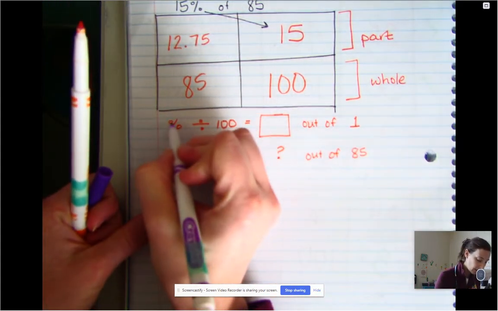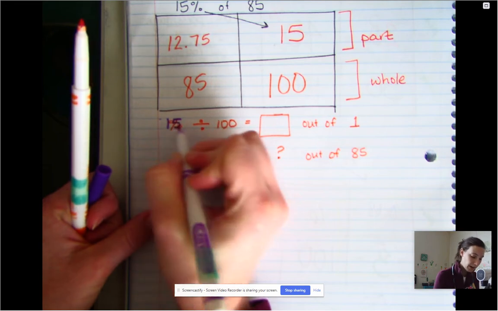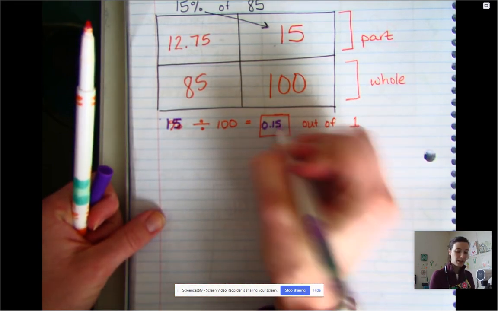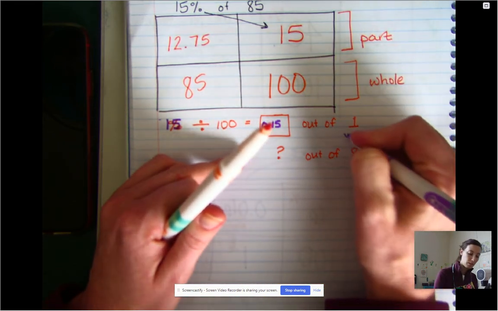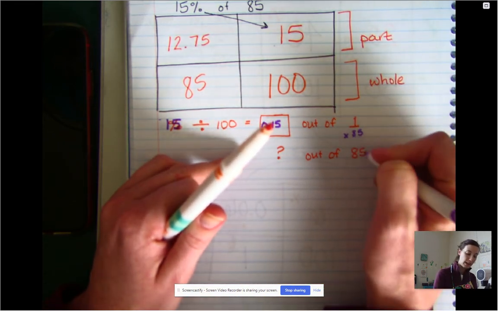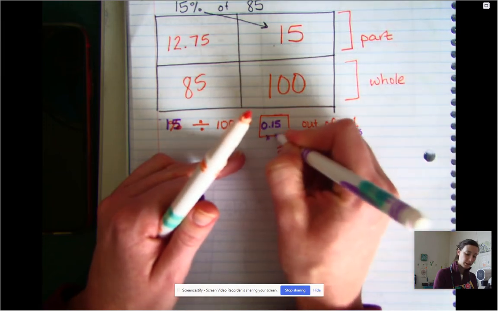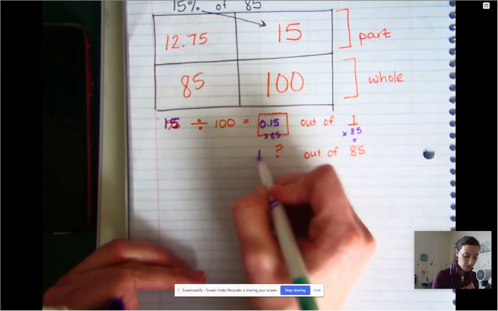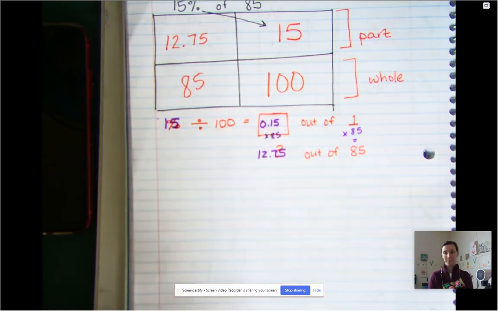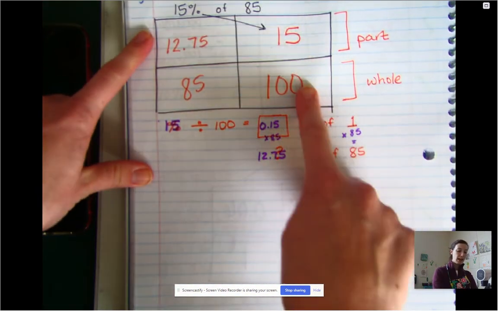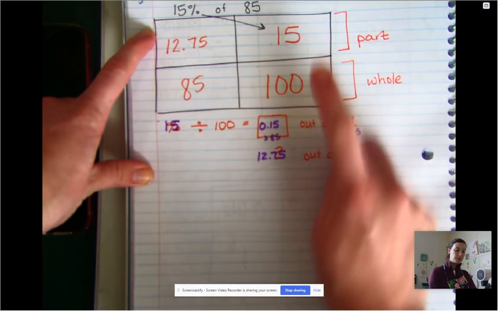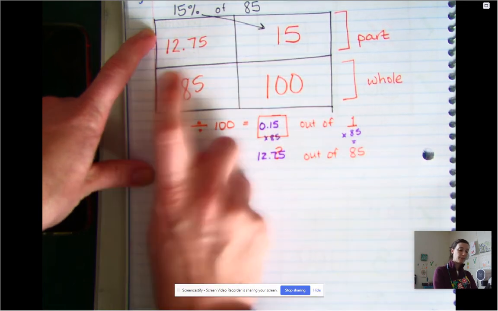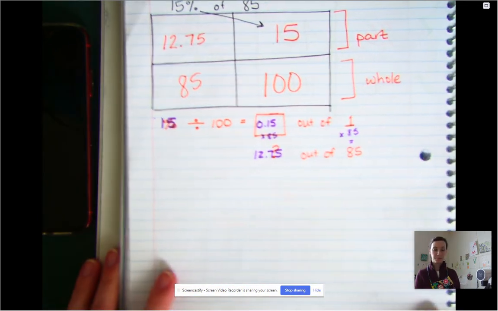So in this case I did 15 divided by 100, got 0.15. So 0.15 out of 1, I want to know how many out of 85. Well, whatever I do to one side to go from 1 to 85, I have to do to the other side. And that's where I got 12.75. So we divide, and then we multiply. It's like we're making a backwards L. Top divided by, do that, times this, and we have our missing piece.